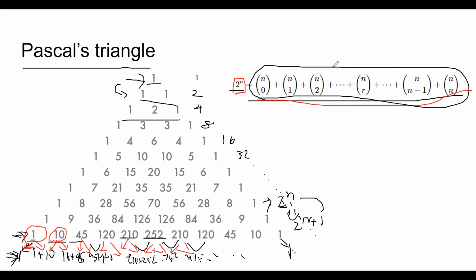I'll just say right now, if you have n people, it's the number of ways to choose a group of any number of people. So this is the number of ways to choose 0 people, 1 person, 2 people, etc. Essentially, this is every possible group size and the number of ways to choose every possible group size. So that would mean that's every possible way to choose a group of any size.